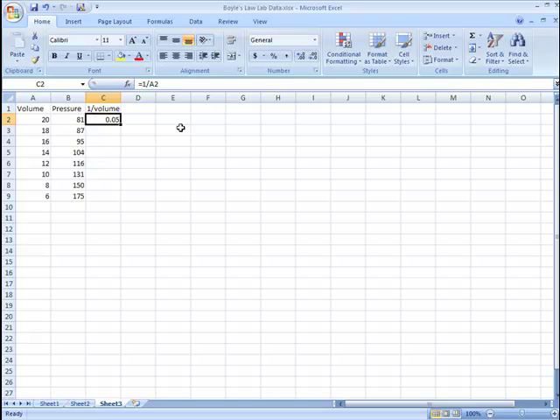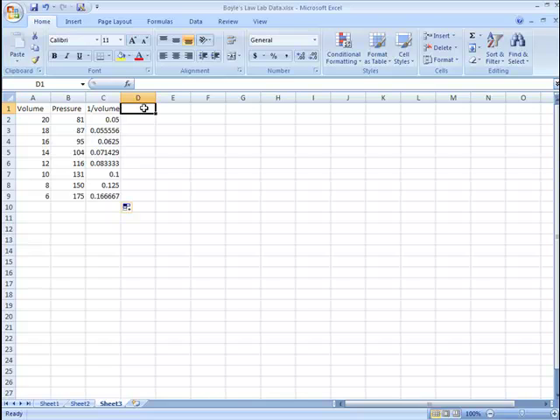Fractions are incredibly difficult to graph. So, all we do is we take 1 over volume, make sure you write this as a decimal. Once you have this one done, you just highlight the bottom corner and extend it down, and it does all the rest for you. You could also press Control Copy and Control Paste multiple times, but I like to save time.